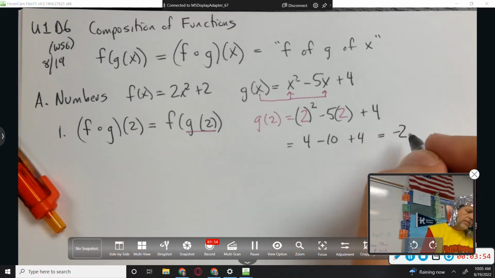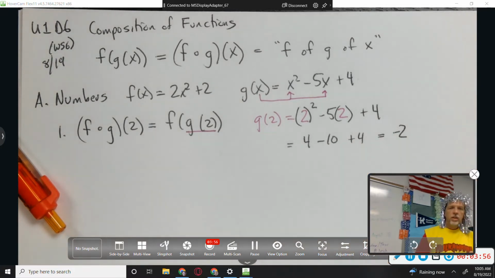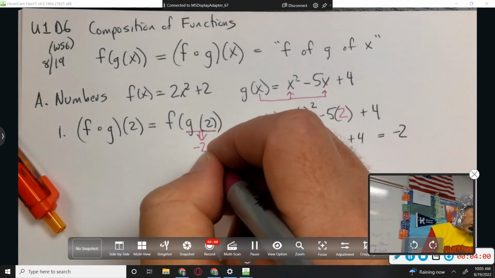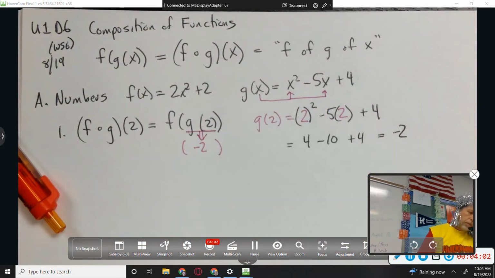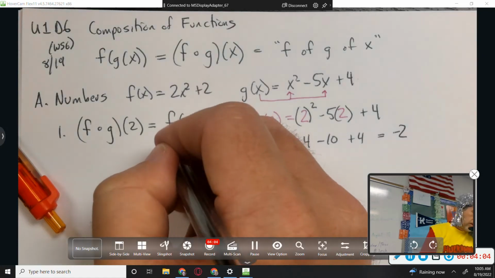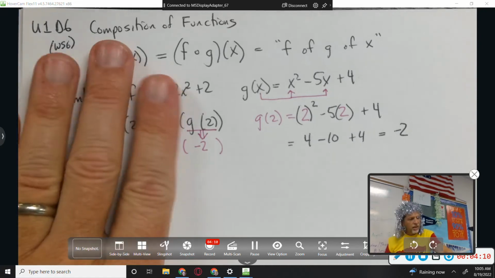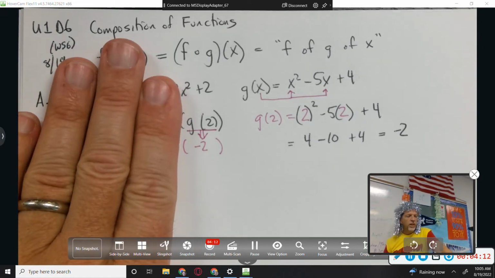That would be negative 2. So g of 2 equals negative 2. Again, it's like a nested function thing. So we do the inside function first. g of 2 is negative 2.